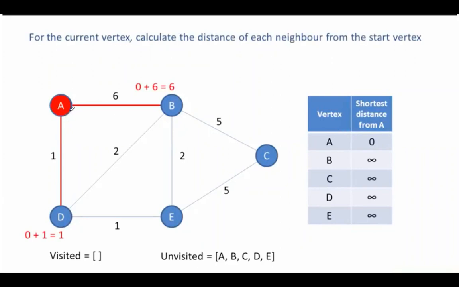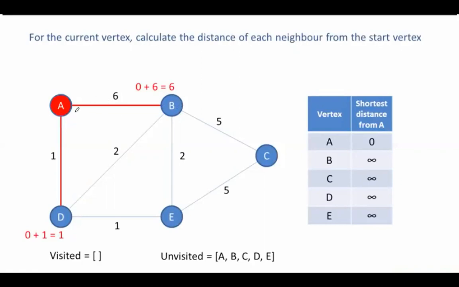We are in vertex A. From A to D, the distance is 1. From A to B, the distance is 6. Is it clear? From the current vertex, 0 plus 1 and 0 plus 6 is the distance required to travel to D and B.